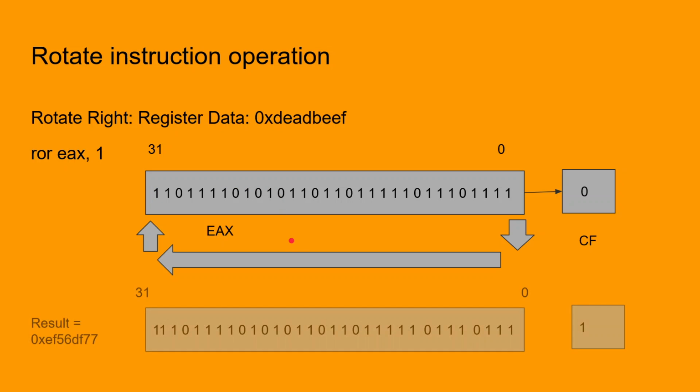So after the rotate right instruction completes, we have a result of EF56DF77 in hexadecimal in the EAX register, and the carry flag is a 1.